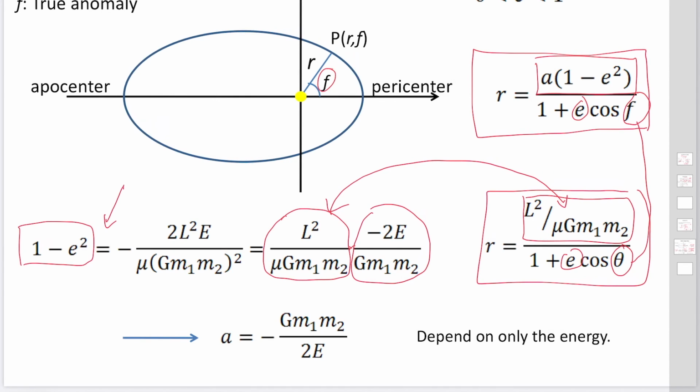And this has to be equal to a times 1 minus e squared. Then 1 minus e squared cancels out. So we discovered the semi-major axis of the orbit is equal to minus G m sub 1 m sub 2 over 2E. So the semi-major axis depends only on the energy. Okay, this is the end of this session.